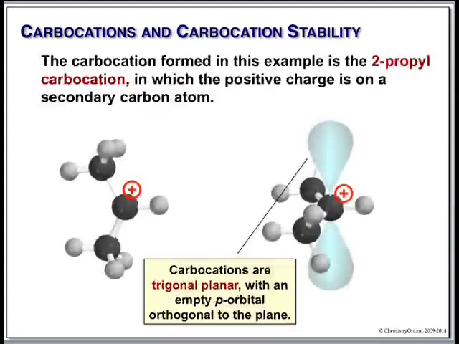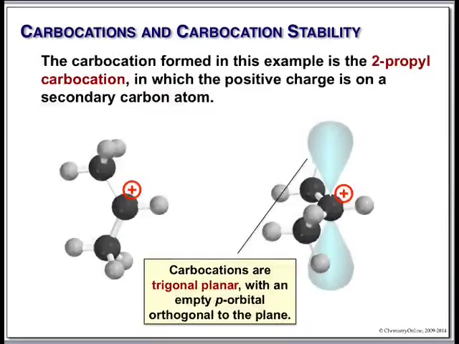A carbocation: take a carbon, take off a bonding pair of electrons. We're left with a center with 3 bonds to it and a formal charge of +1. This is an sp squared carbon. Now it has a p orbital still left on this carbon, but it's empty.